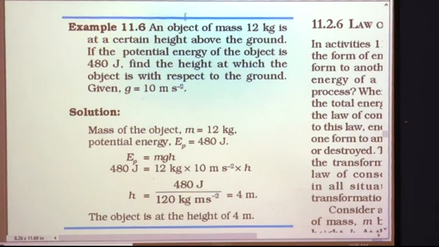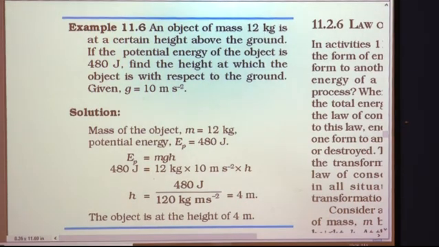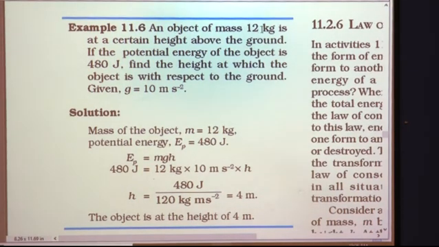So, what is given here? The mass of the object is given as 12 kg. Mass should be in kilograms. If it is given in grams, milligrams or any other unit, you need to convert it into kilograms. Here no conversion is required as it is given in kilograms.